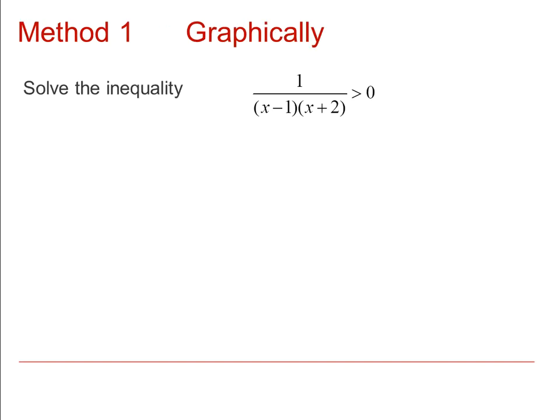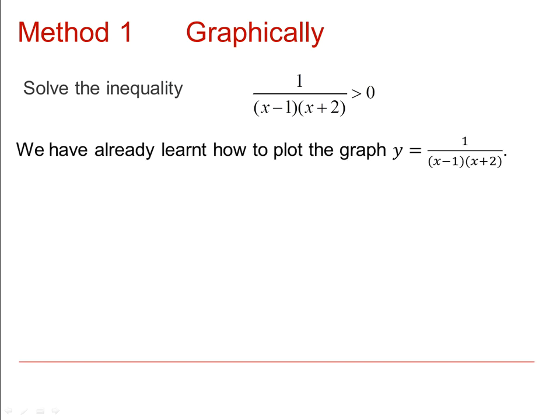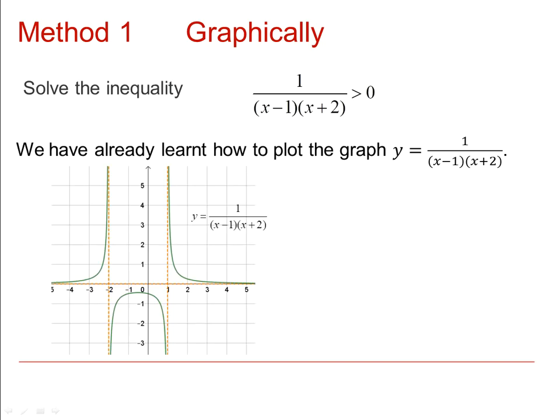So let's consider this graph, or this method, for 1 over x minus 1 over x plus 2. This is a graph that we've drawn before, and so the result of that, remember, it's going to have asymptotes at 1 and at negative 2, and it then had a maximum value somewhere which was a negative value between negative 2 and 1.